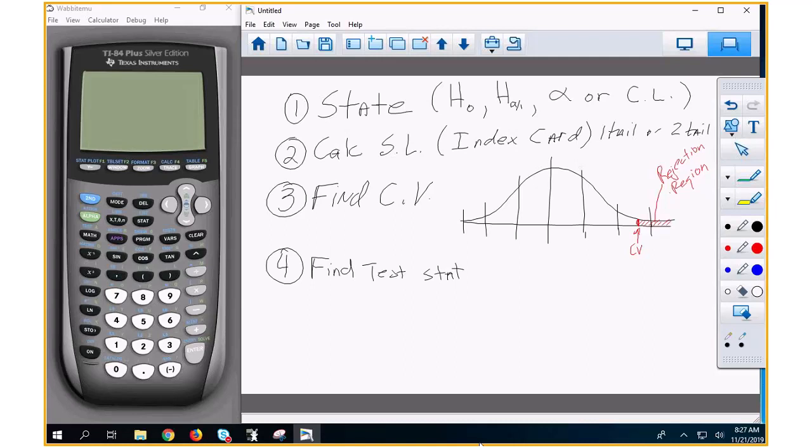Now, there's a fifth part: state your conclusion. Well, I fail to reject, or I reject the null hypothesis is good enough for me. That's basically it. To find the test statistic, you're going to use the formulas again, but it's going to be based off of other information. So this is the test statistic, and it's either going to fall here, or it's going to fall there.